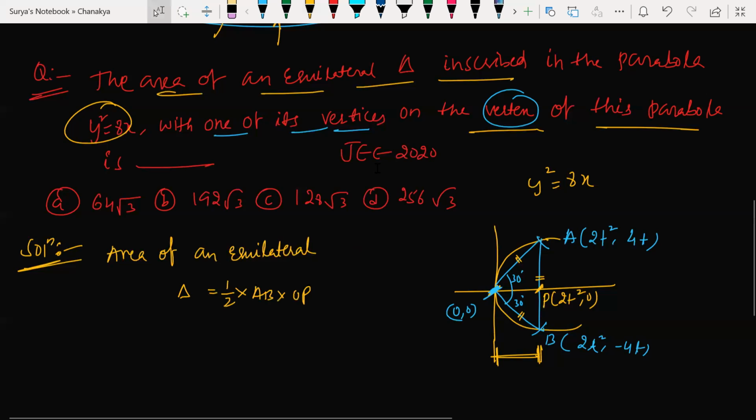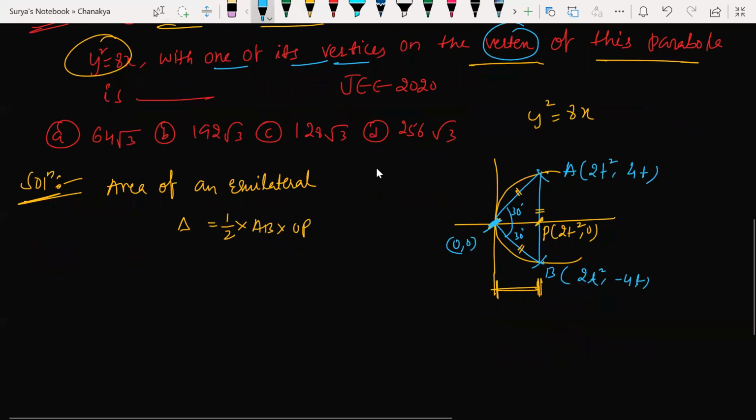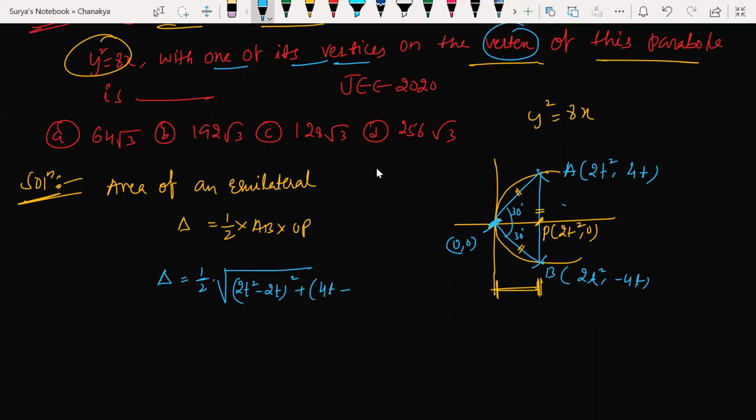Okay. Now look at this here. Half into, what is AB? What are the AB coordinates? Distance between A and B is what? Square root of (x2 minus x1) whole square plus (y2 minus y1) whole square. So 4t plus 4t whole square. Am I correct?